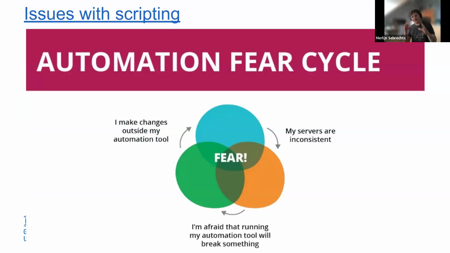The automation fear cycle stems from the fact that initially you use scripts to install the initial version of your software on your servers. You have a script that cleanly installs everything that your application needs. It installs it on a clean virtual machine, and then you have your infrastructure and it works.